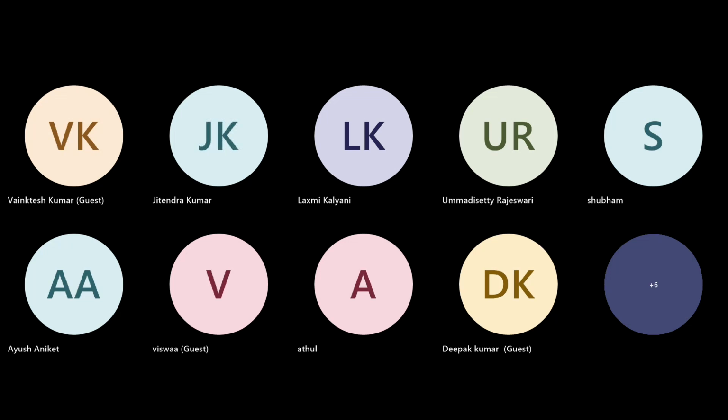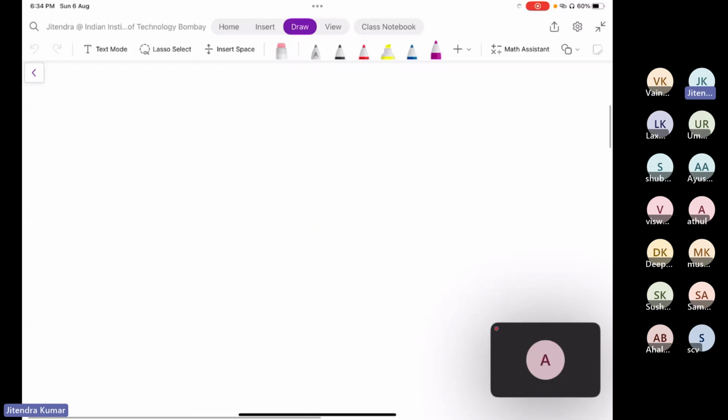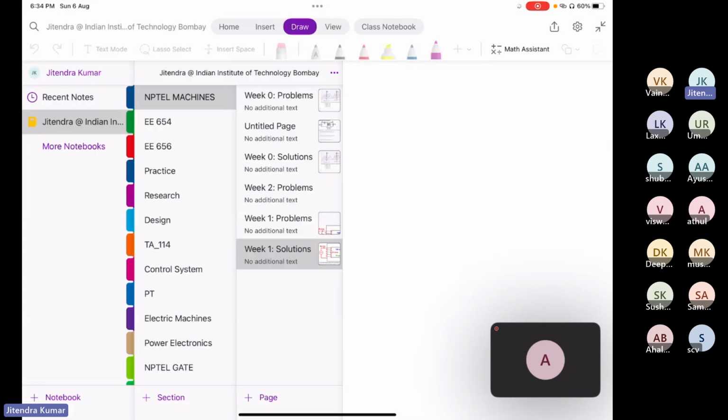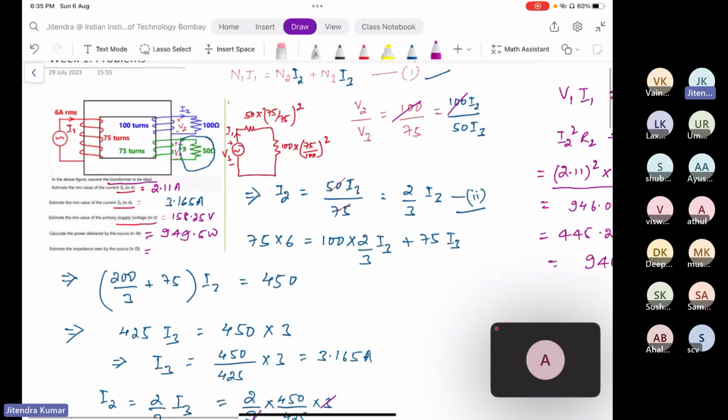Okay, so let us go ahead. Last part, we need to compute the impedance seen by the source.